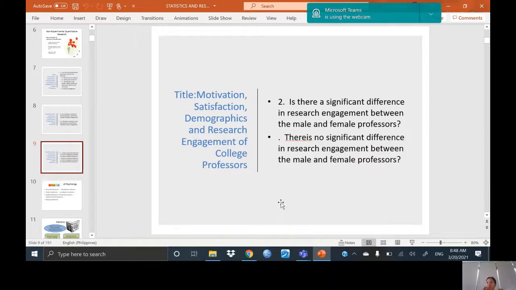So if he is a statistician or somebody who knows about quantitative research, he would already have a clue as to what could be the possible statistical analysis appropriate to answer that specific problem.